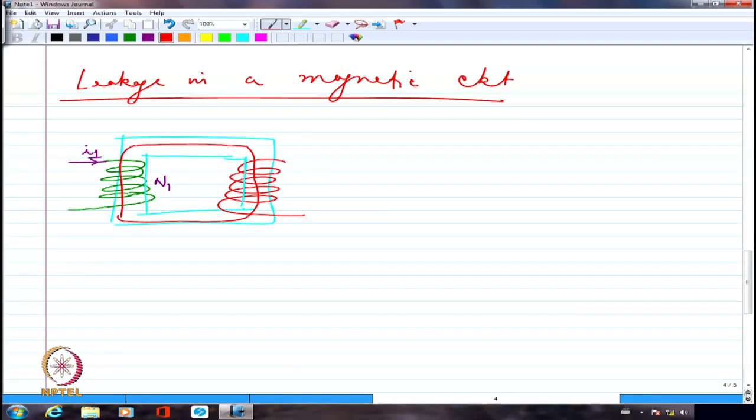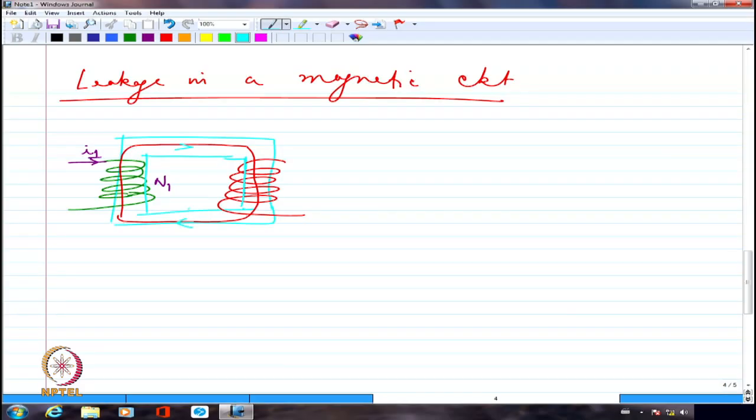So I'm going to show the direction of the flux somewhat like this. Okay? I am assuming that all the flux that is produced because of the primary winding's excitation is confining itself to the core. That is my assumption.